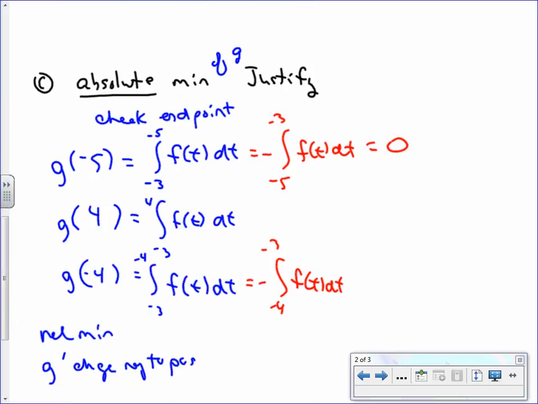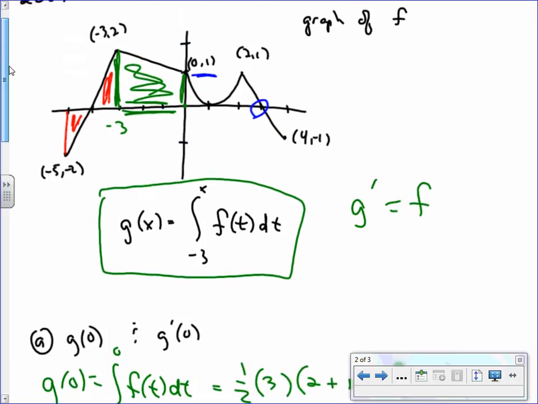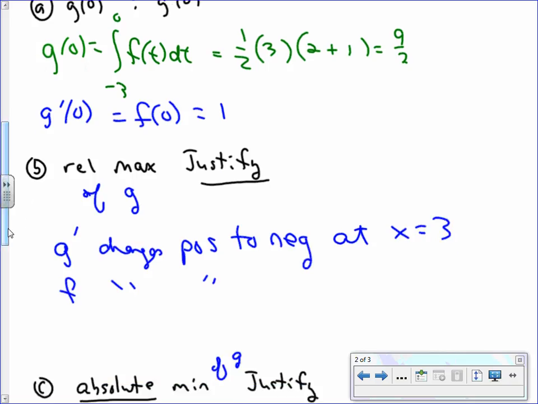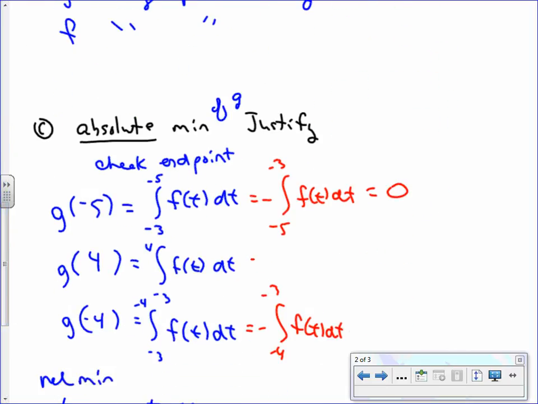Alright, G of 4, and notice that you don't start at -5, the definition says start at -3, okay? So we've already done from -3 to 0, yes? Where do you do that? The top. We have to go over the top, and that was 9 halves. So from -3 to 0, it's going to be 9 halves.